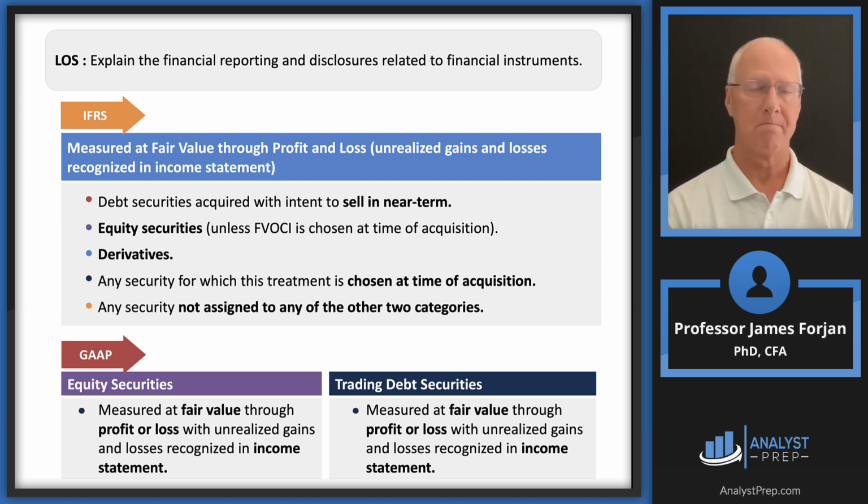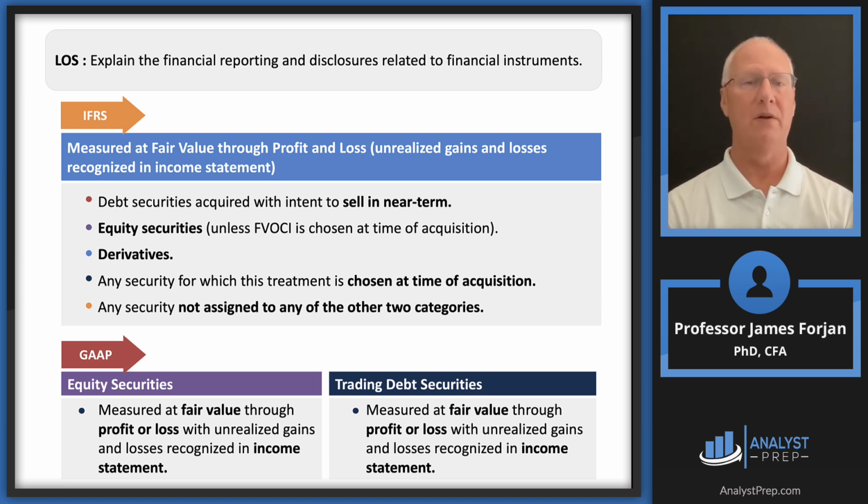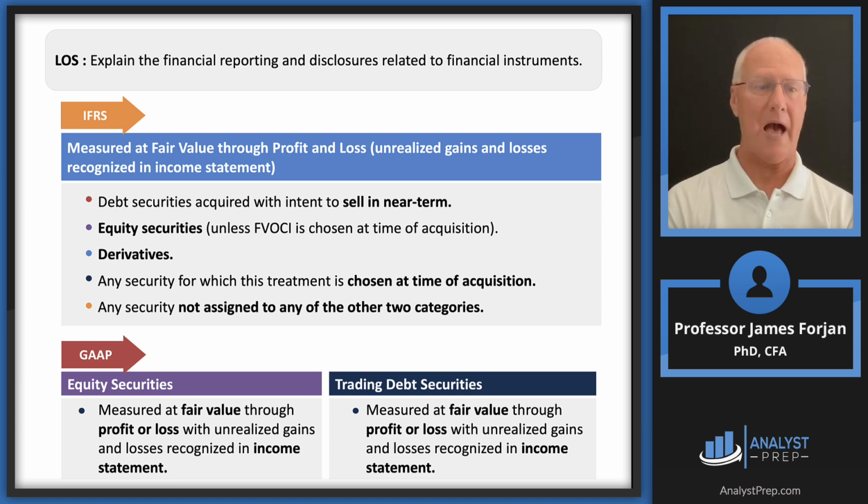Now, we can throw them specifically on the income statement. So these unrealized gains and losses are recognized in the income statement. There are some bullet points to remember: debt securities, equity, derivatives. This looks like the list we talked about in one of those previous slides. So look down under GAAP.